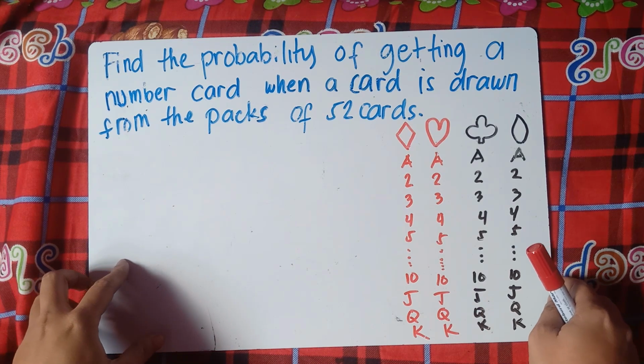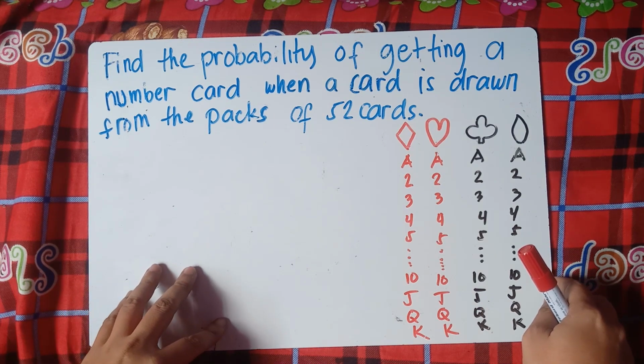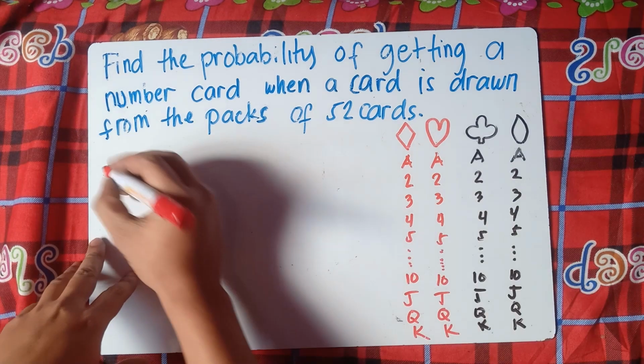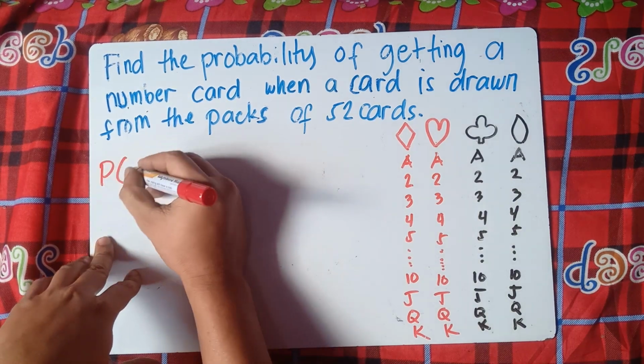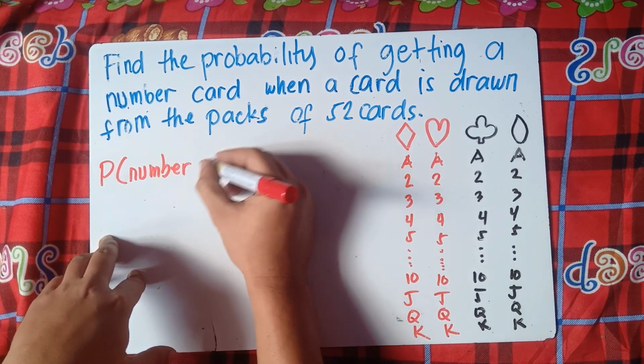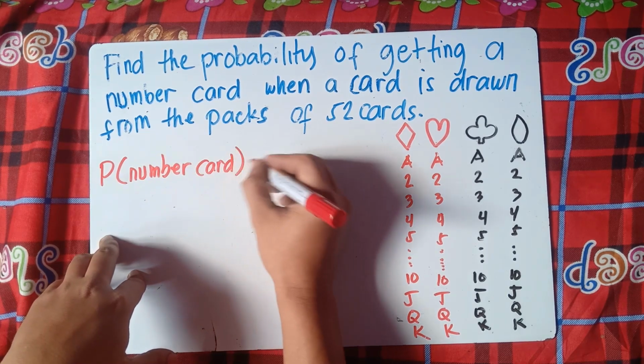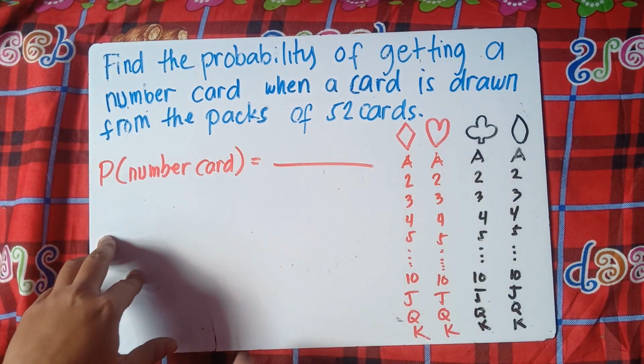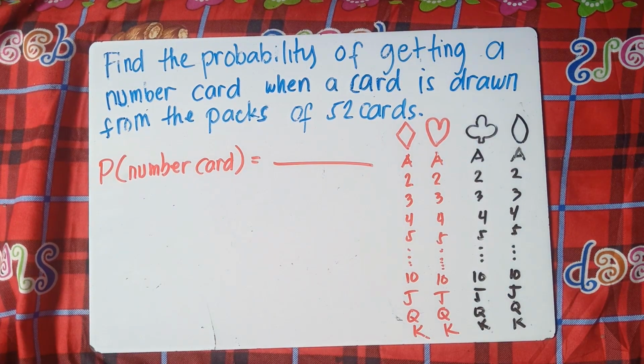Find the probability of getting a number card, okay, when a card is drawn from a pack of 52 cards. So probability of getting a number card. We already know, class, that the set of possible outcomes is the total number of cards.